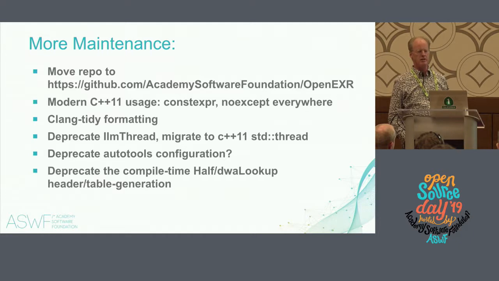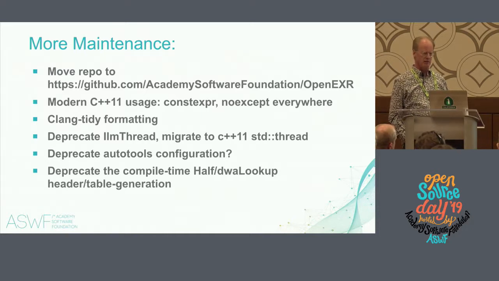Our intention is to continue the modernization process and migrating fully to C++11. We've been talking in the steering committee about code formatting and code style, and I think we've settled on that we're going to run it through Clang Tidy and get it all nice and neat and be done with it.